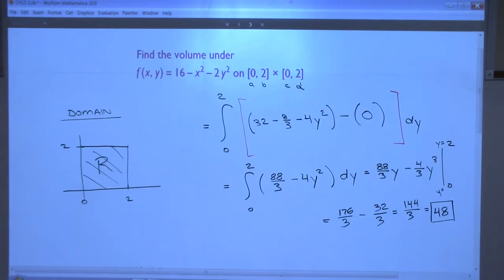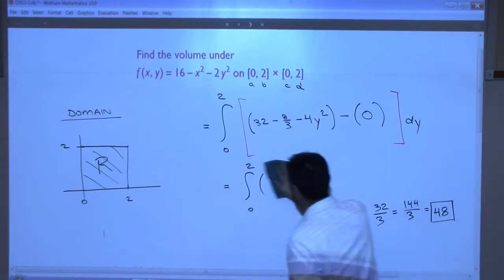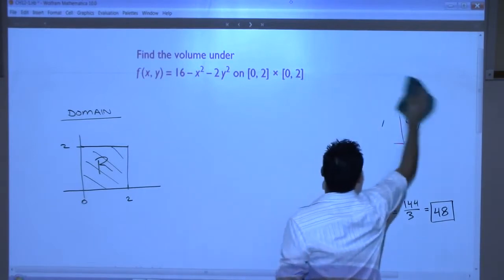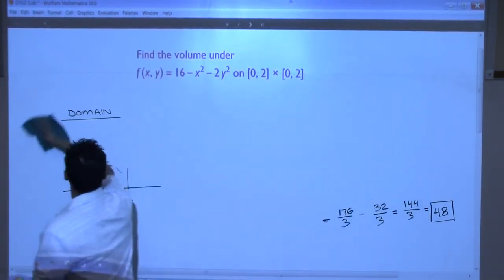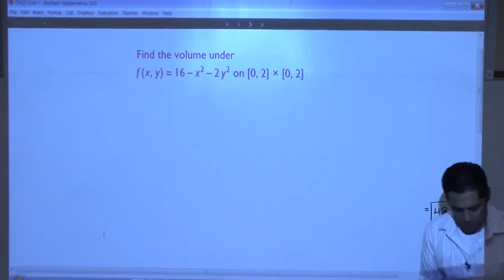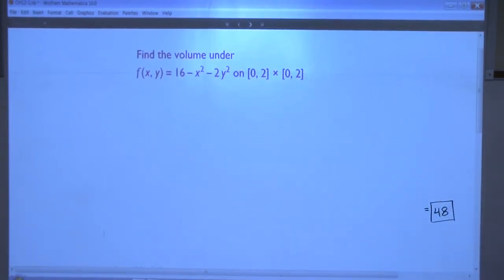All right, should we take a look at the picture, just to get an idea? Any questions on it? Okay, so geometrically, here's what's happening.